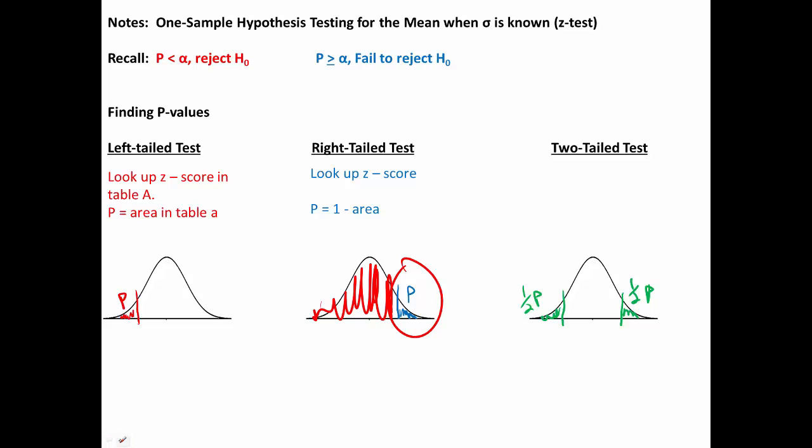Okay, and then for this, remember, when you get a Z value, this is the Z value, and then this is the negative Z value. You really got to listen to this one. Say we get Z equals 1.7. That means this value is 1.7 to the right of 0, and this is 1.7 to the left. So why, in a two-tailed test, no matter what I get for the Z-score, would I look up the negative Z-score?